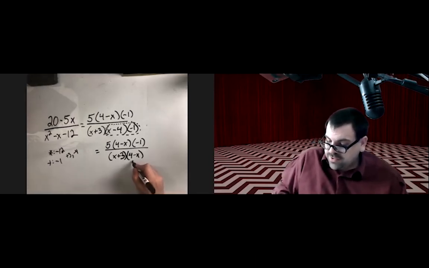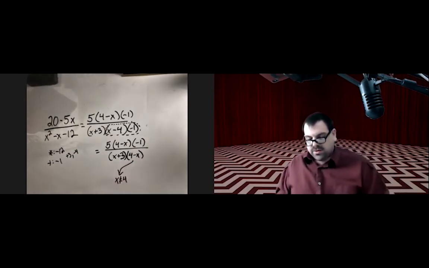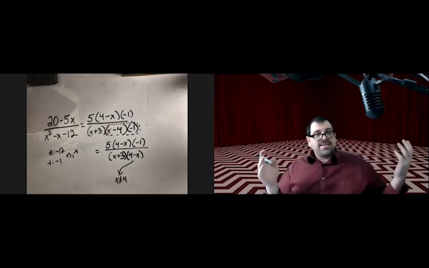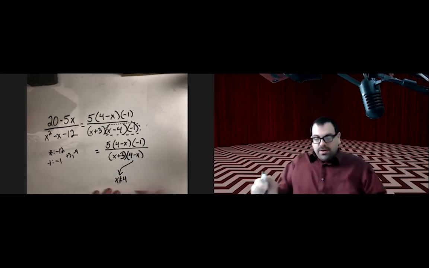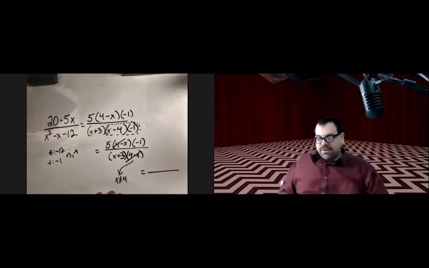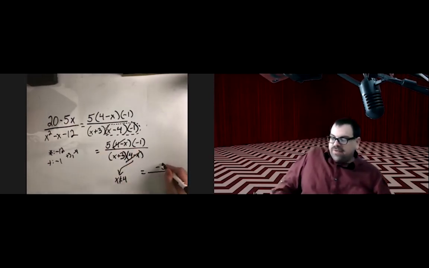From here, I'm going to lose some information that x can't be 4. So I'll make a note of that. Or not, I'm not being explicitly asked. Don't make a big deal about having to have that part. The important part is the simplified answer. The simplified answer, 5 times negative 1 is negative 5.